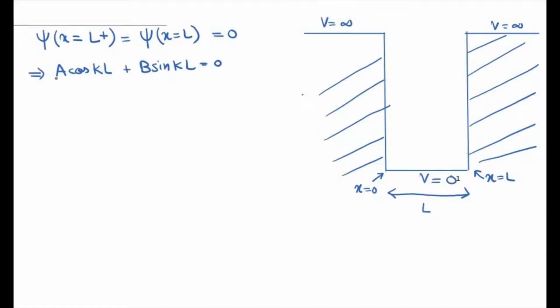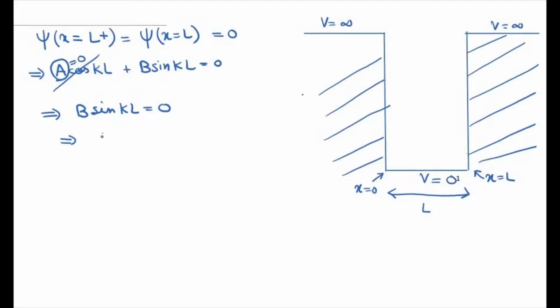Now we have earlier noted that a is equal to 0, so this term goes out of the picture. So we just have b sin kL equal to 0. Now b cannot be equal to 0 because a is already 0. If b is also 0, then the wave function becomes 0 everywhere, and 0 is not a wave function.